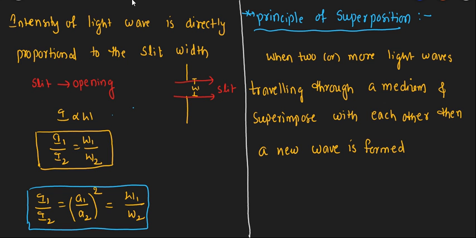When two or more waves are superposed with each other, what happens?